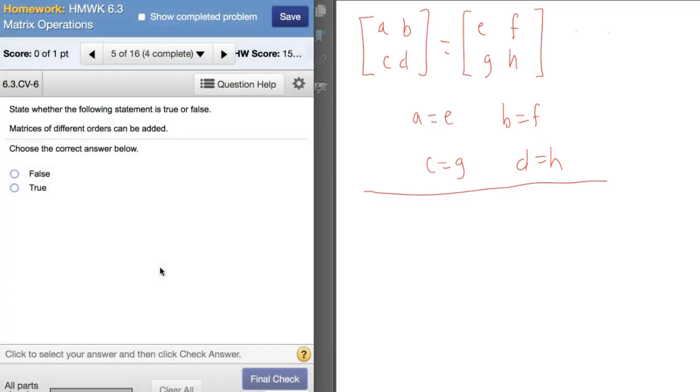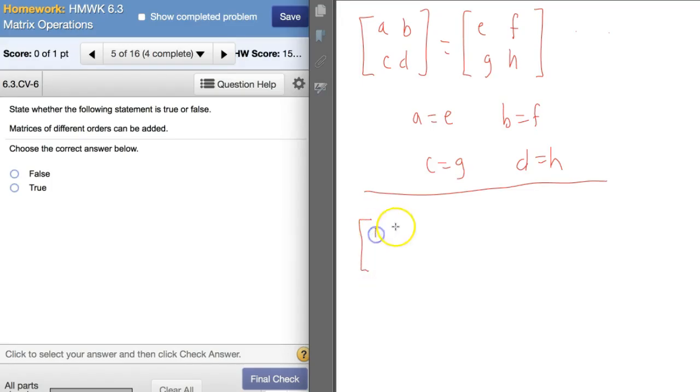So for this question, we want to know if the following statement is true or false. We want to know, can matrices of different order be added? Let's look at this for a second. Let's say we had a matrix here, 1, 2, 3, 4, and we wanted to add it to another matrix that is 4, 5, 6, 7.